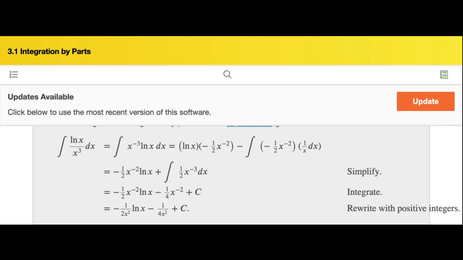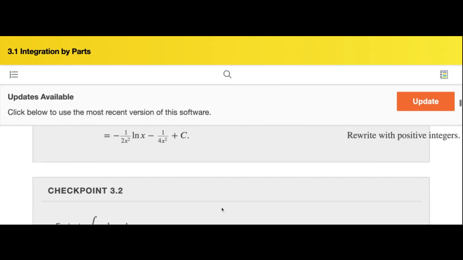Is there always only one right function to use? Not really. Maybe there are different ways of doing that. Maybe both functions can be identified as u and dv. It doesn't matter. Sometimes we just have to try by trial and error.